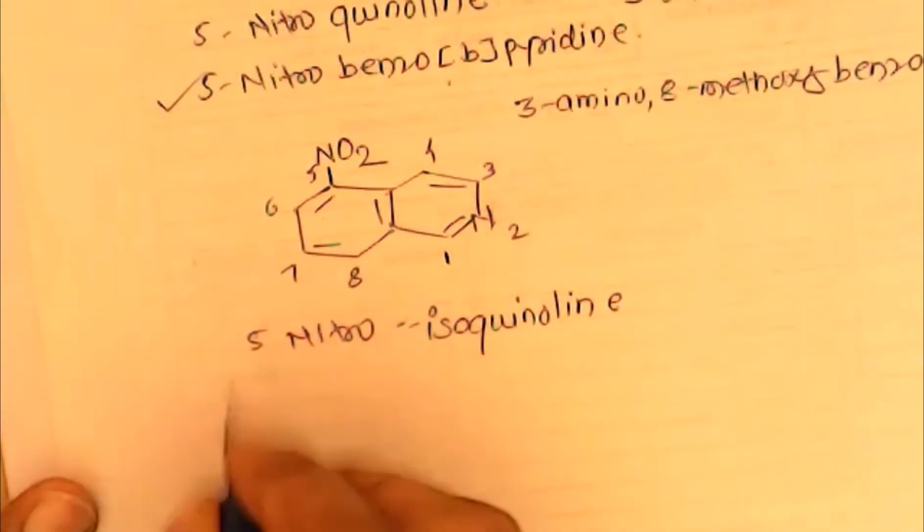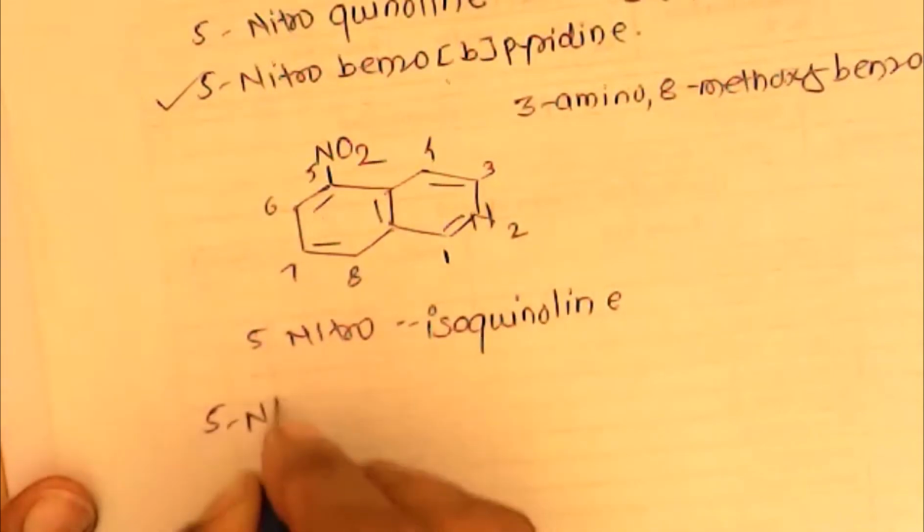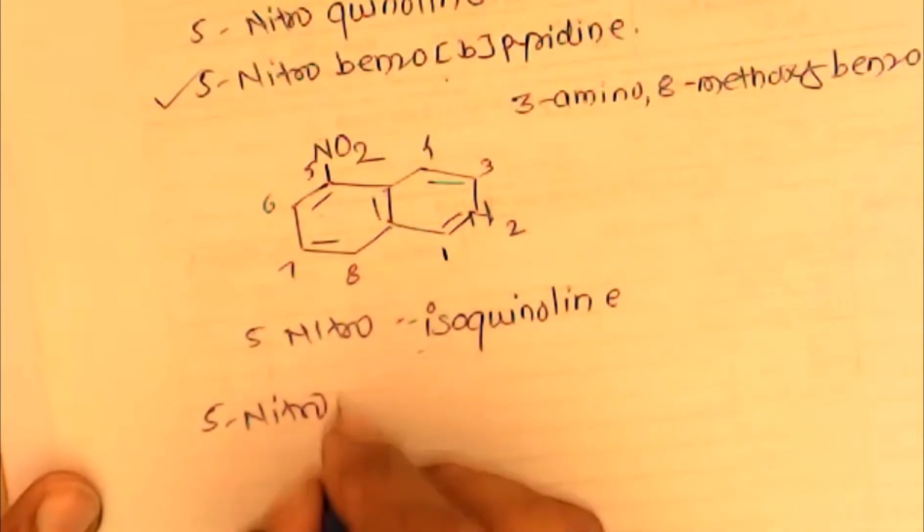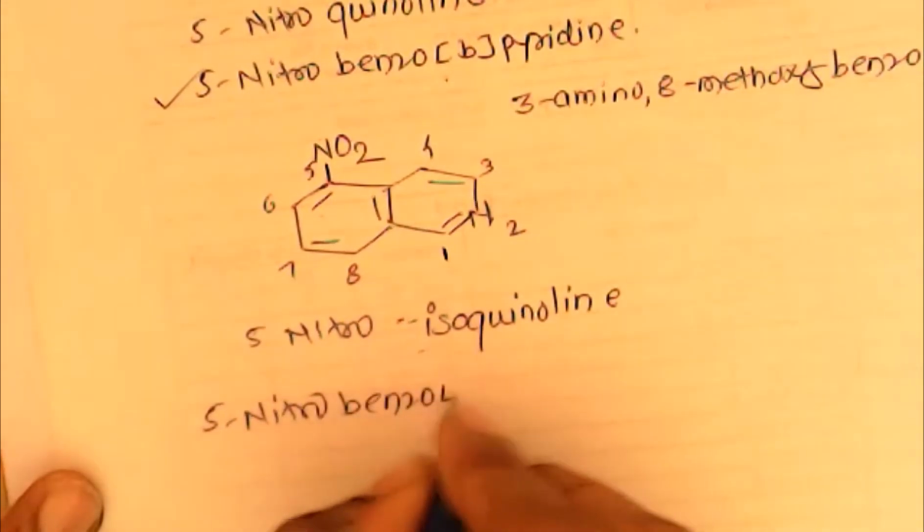And what is the IUPAC name? 5 nitro isoquinoline is 5 nitro benzo C pyridine.